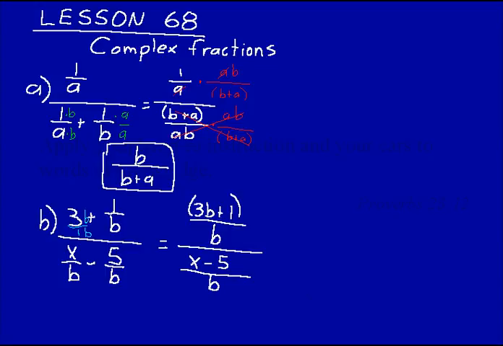Put sums inside parentheses, and then let's go ahead and multiply above and below by the inverted denominator, so that would be b over x minus 5. The bottom cancels. On the top, the b's cancel out, and we end up with 3b plus 1 over x minus 5.